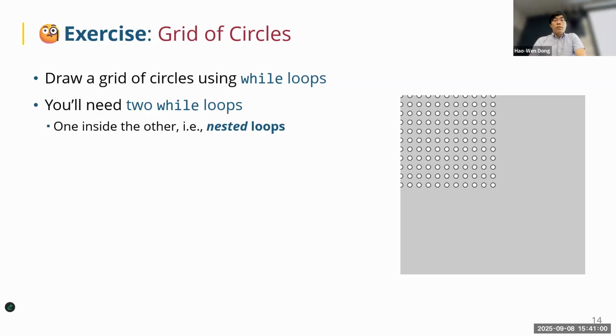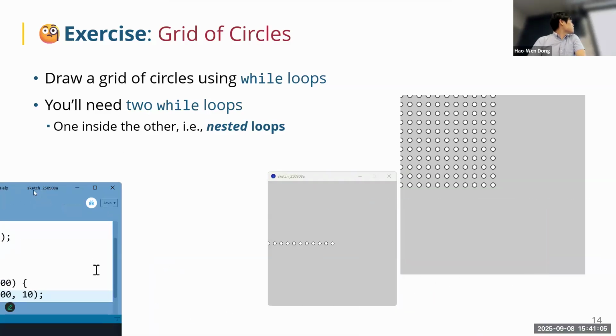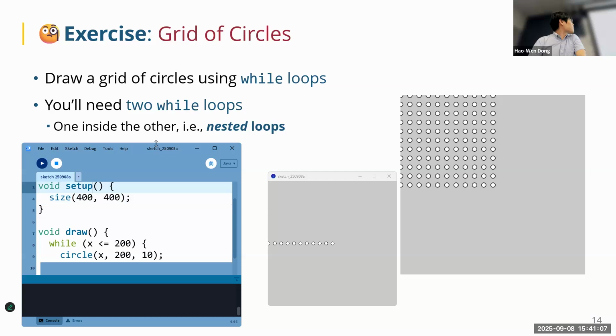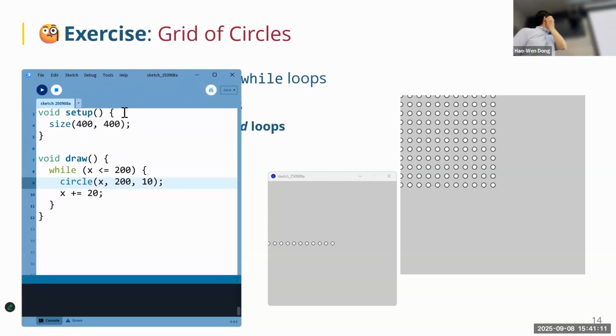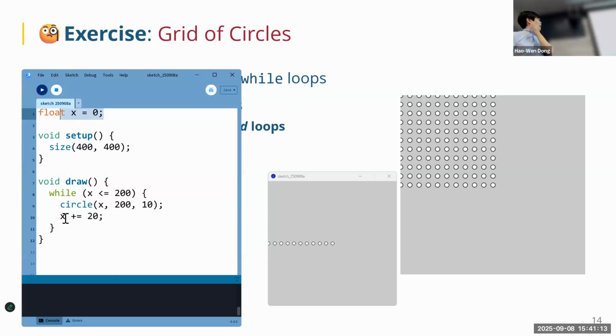Any progress? What's going on? So this is what we have currently. You start x equals 0, and then you just keep adding x equal to x plus 20. Whenever x is smaller than 200, then you draw it, and if not, then you just exit.